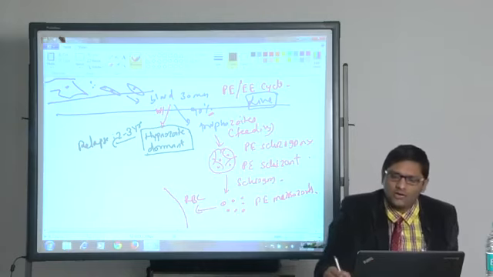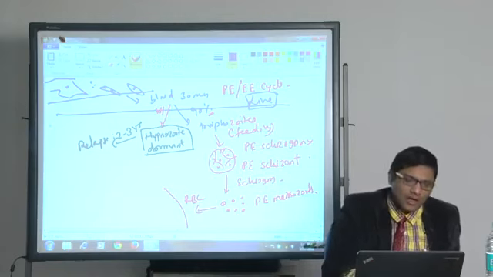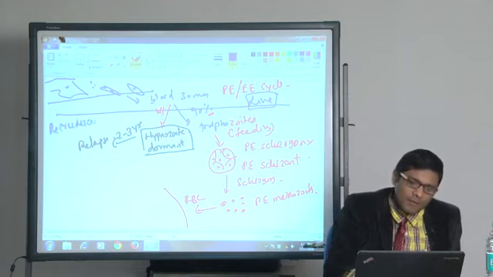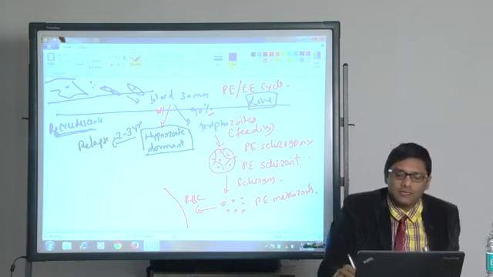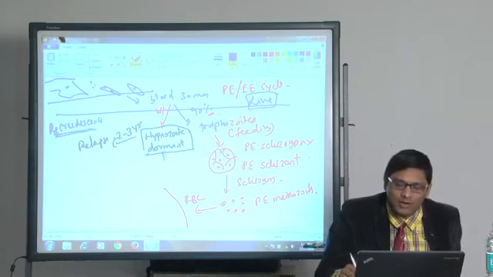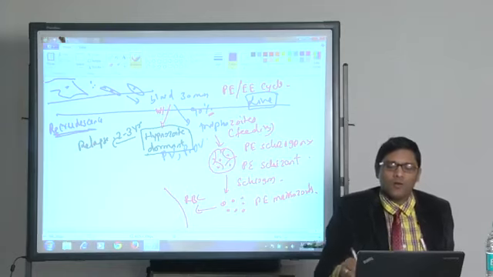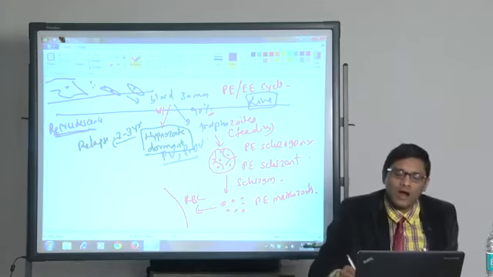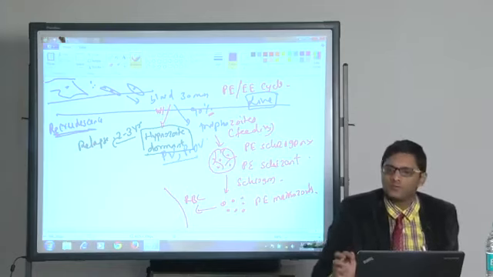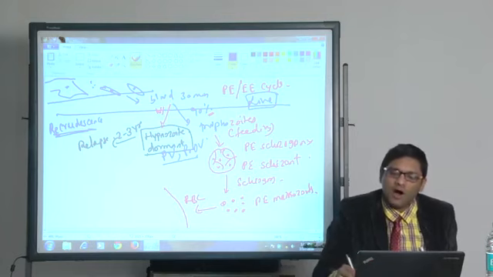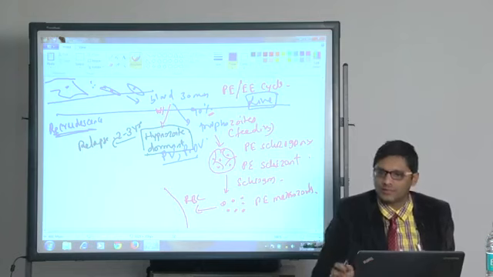And can you tell me how relapse is different from recrudescence? Please remember, this hypnozoite stage is seen only in V for vivax and ovale. Only vivax and ovale 10% will become hypnozoites. Falciparum all will become trophozoites. There is no hypnozoite in falciparum.